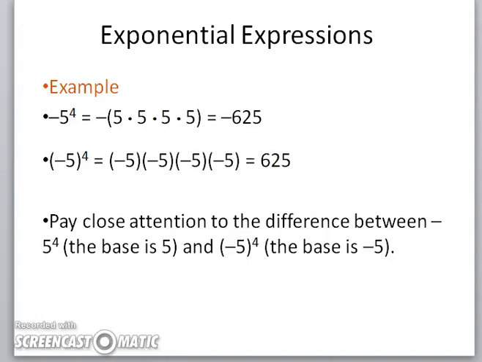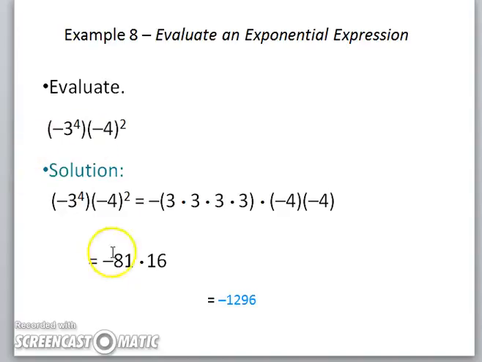Let me show you one more quick example. Here's how we would evaluate an expression involving exponents. Suppose we had -3 to the fourth power, all inside the parentheses, and then -4 inside the parentheses with a 2 outside as an exponent, and that's outside the parentheses.